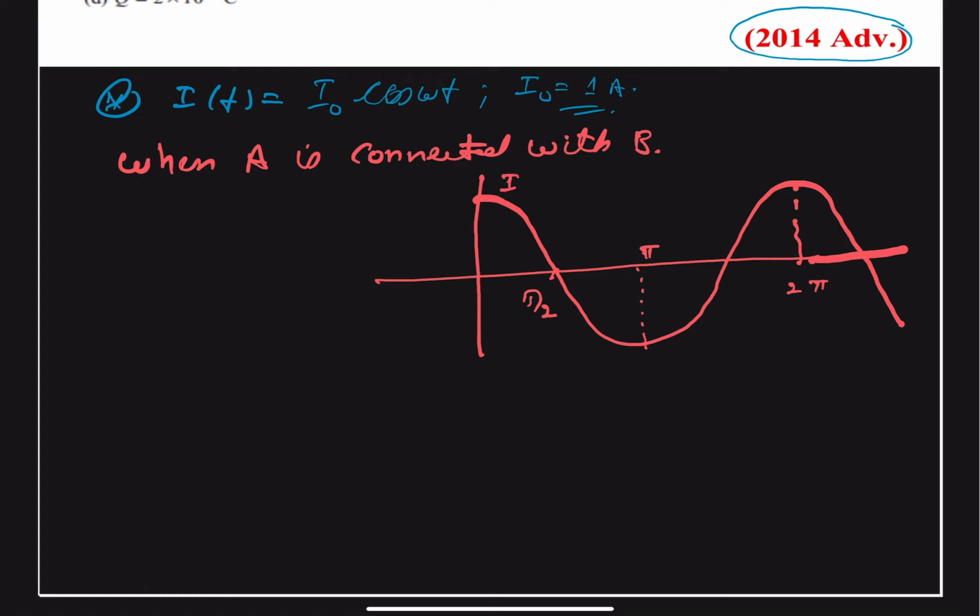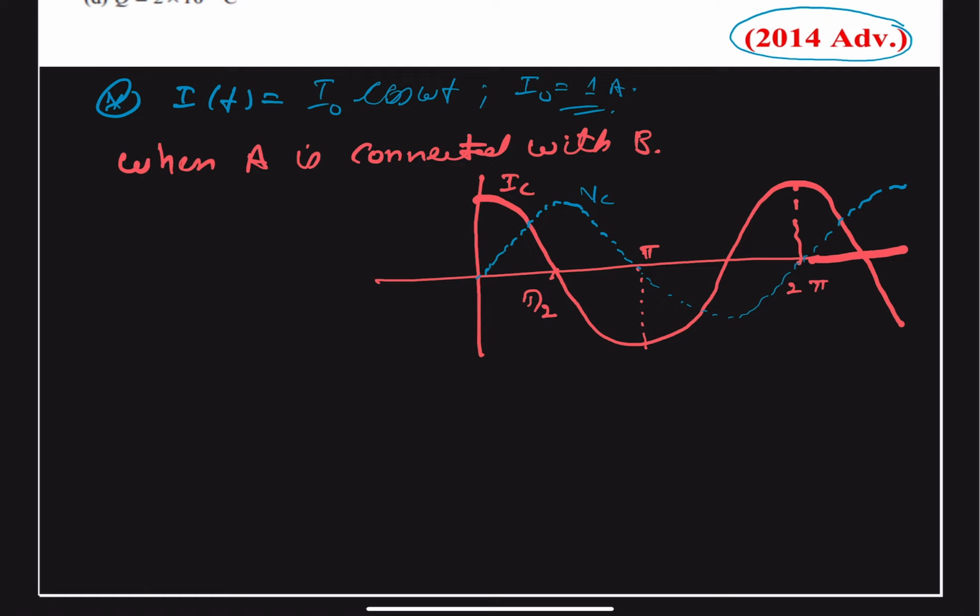And this we can see is our I C, the capacitor current. And similarly, we can draw the capacitor voltage. And this is our capacitor voltage.